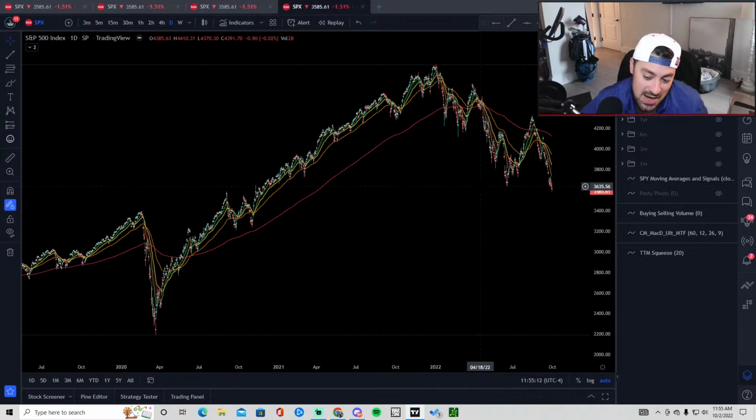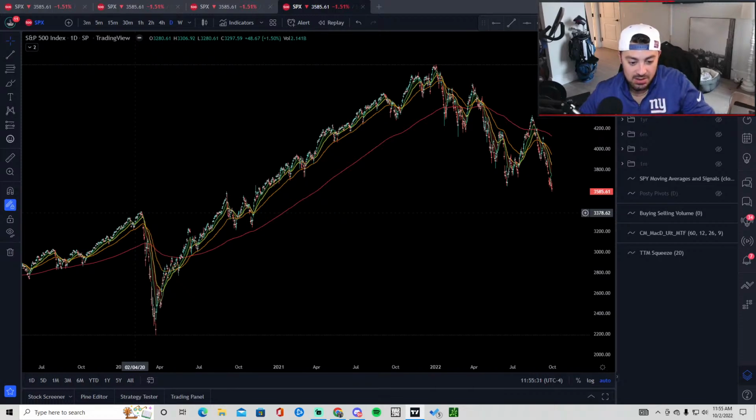But there is also a lot of room down because of the volume shelf I posted last week. There's a pretty significant volume shelf where it can go back down to like 3,400 pretty quickly.